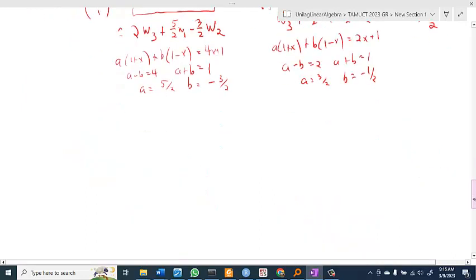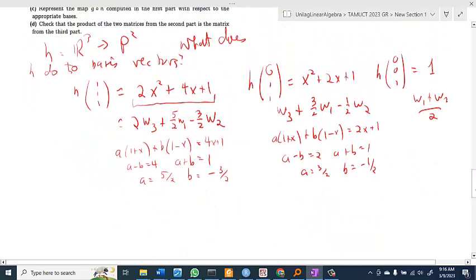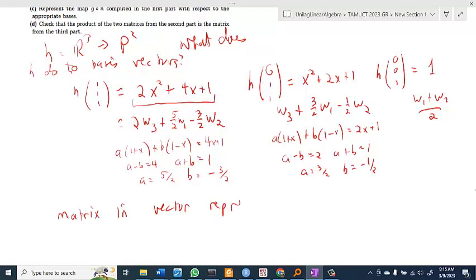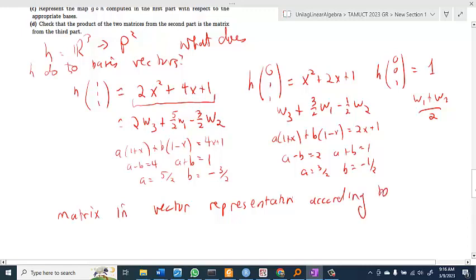Okay. So what is the matrix? The matrix tells me that the first mapping goes to, well, this would be 5 halves, minus 3 halves, 2. So in the vector representation, or according to these bases, okay, let's just write it again.